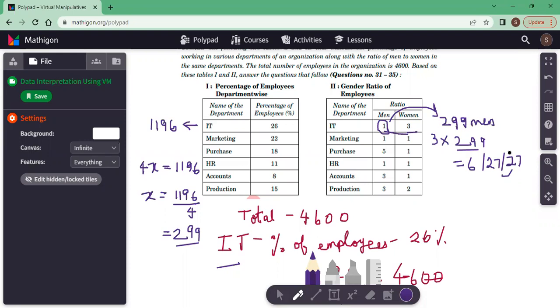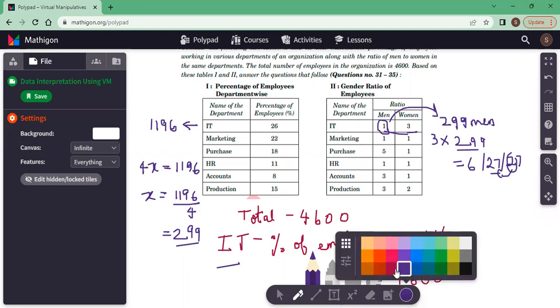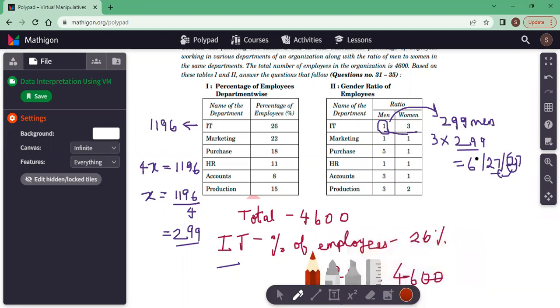The 2 from this 27 is a carry over to this 27, so this becomes 29. This 2 is a carry over to the 6, so it becomes 8. So the answer is 897. So the number of women working in the IT department in that organization is 897.